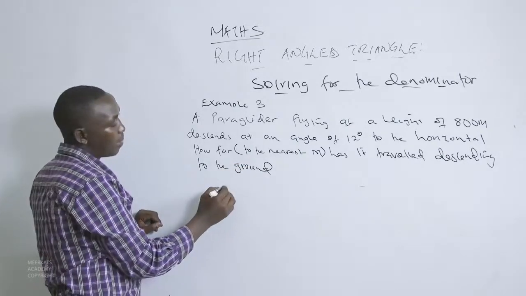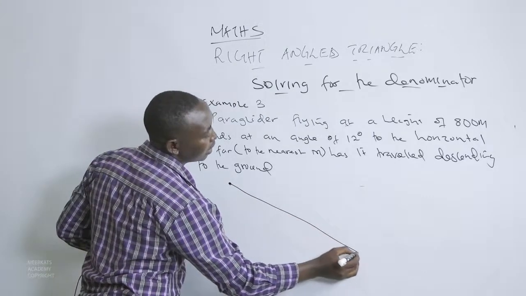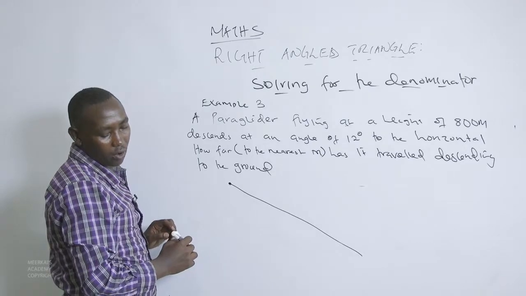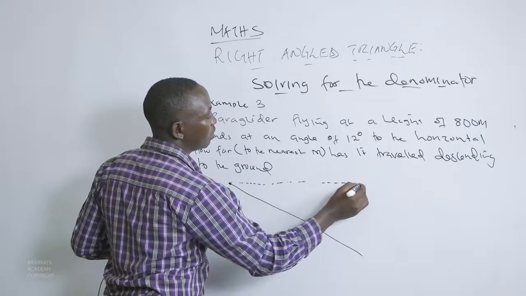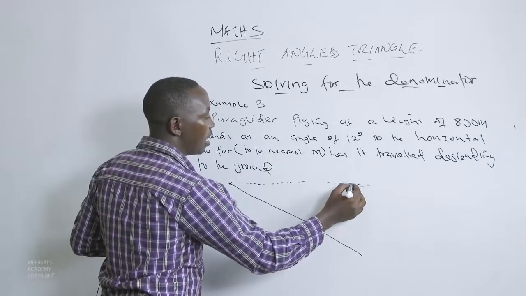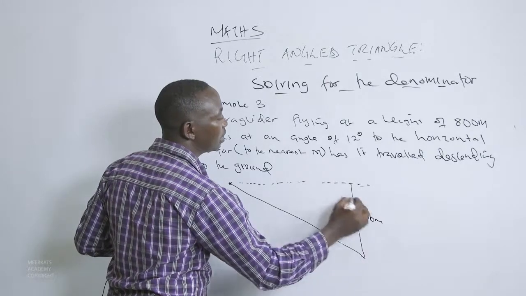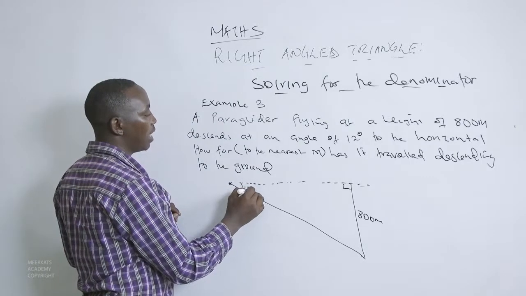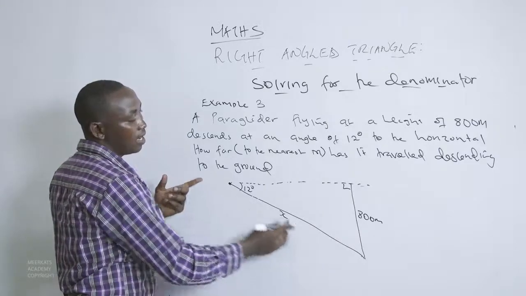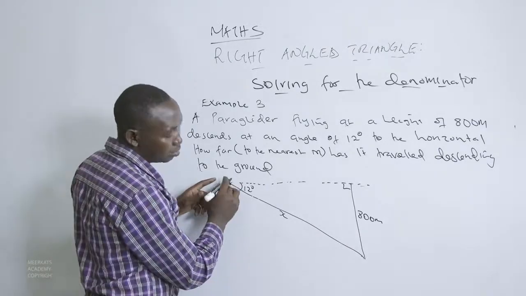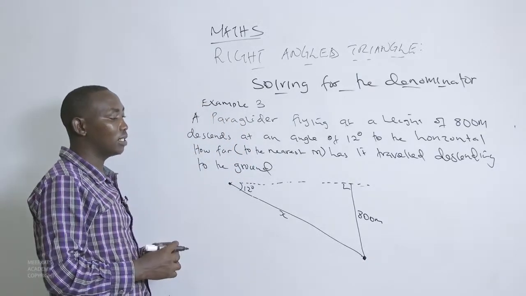So we have a paraglider that is descending to the ground, making an angle of 12 degrees to the horizontal line, and you have been told it was flying from the height of 800 meters above. We are supposed to get this particular distance that it will travel as it descends down.